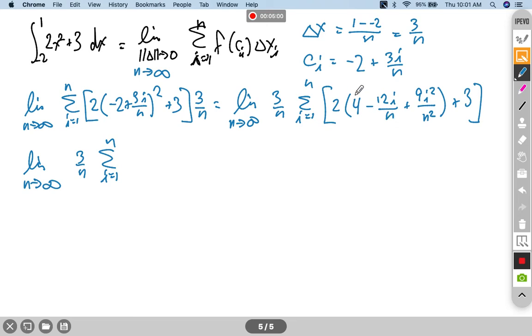Let's work this out a little bit more. We got 2 times 4 is 8 plus 3 is 11. 2 times 12 is 24i over n. 2 times 9 is 18i squared over n squared.